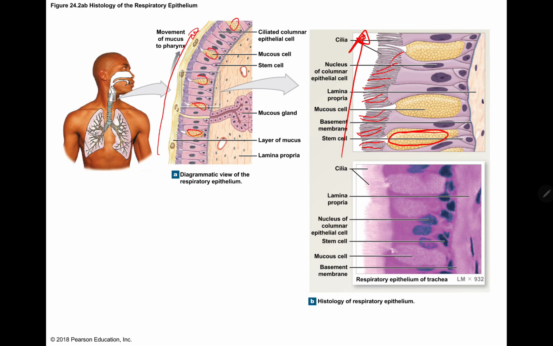They're going to provide mucus on top of the epithelium. Notice how they are pseudostratified ciliated columnar cells. Remember, it seems like it's multiple layers, but it's actually just one layer because the nuclei are at different levels. So remember that.